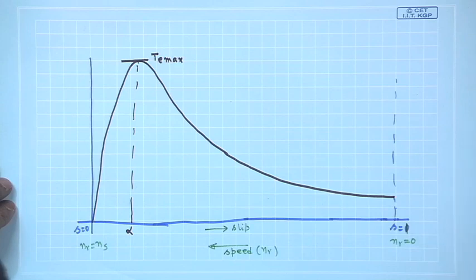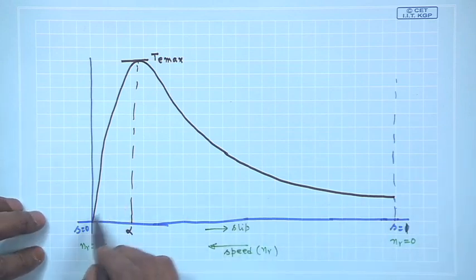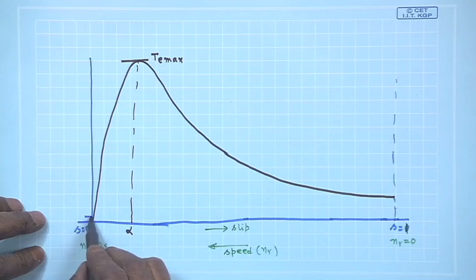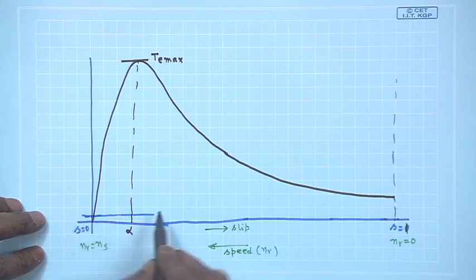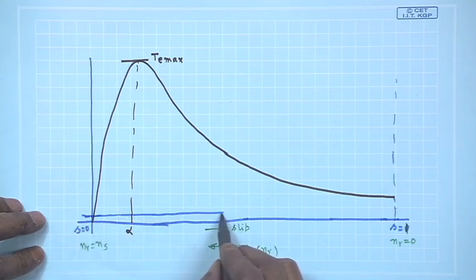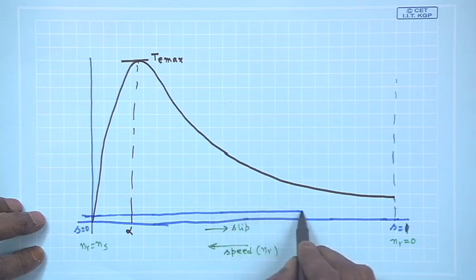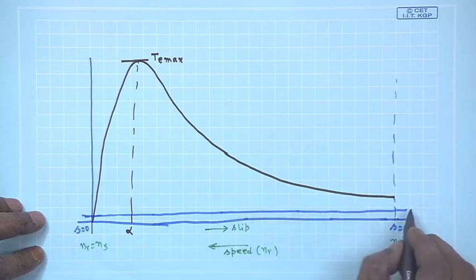And I told you that if the opposing torque is friction, which is very little, suppose this is the level of T friction present on the shaft of the machine, this is T friction.